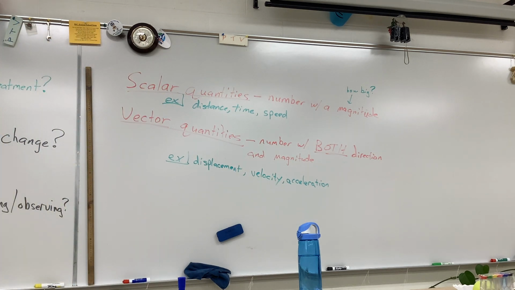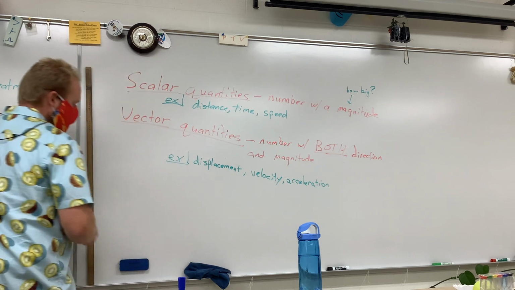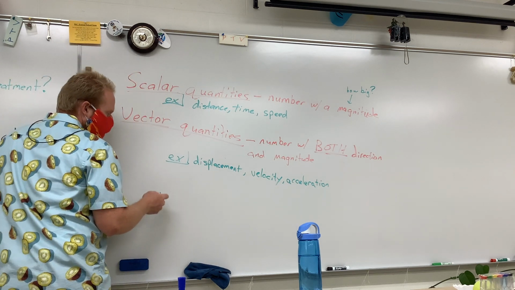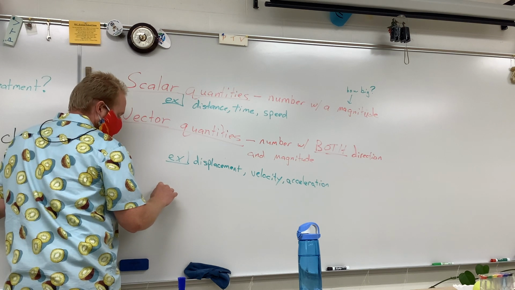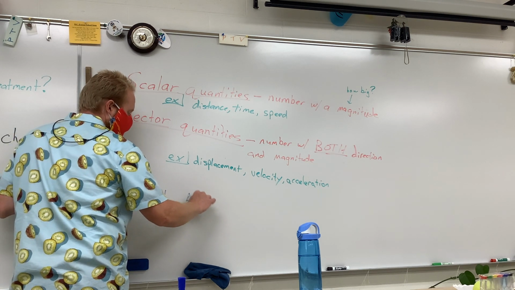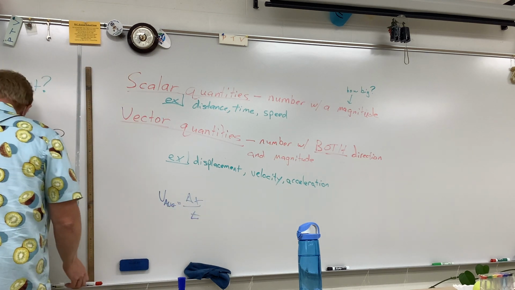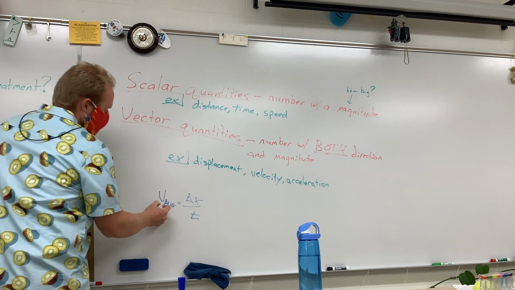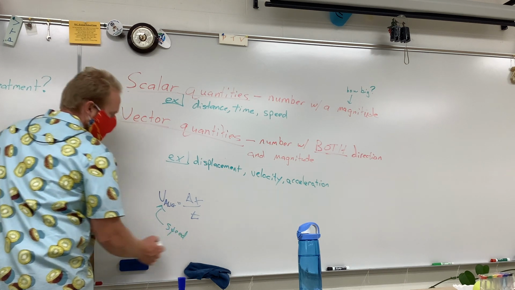We need both, okay? So that worksheet that I gave you called speed problems has you calculate speed. Speed is nothing more than taking, this is the equation we're going to use, V average. That's what we're going to call speed.